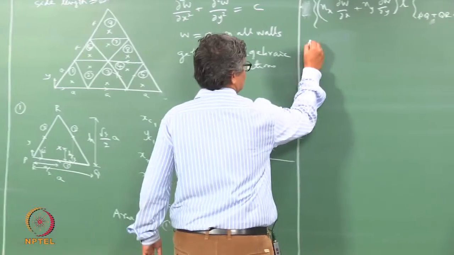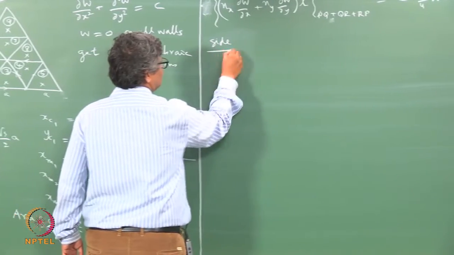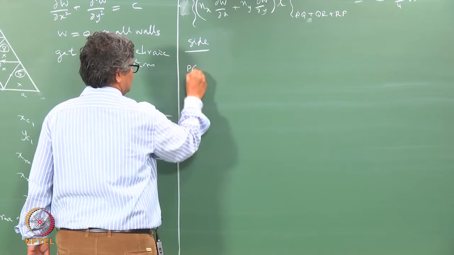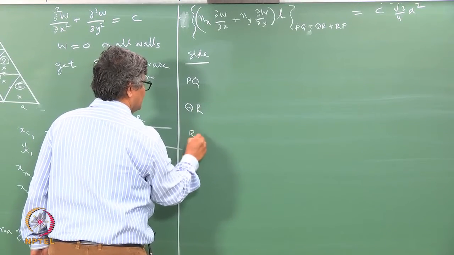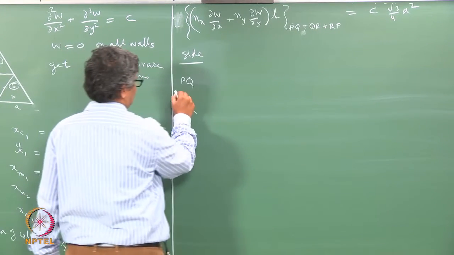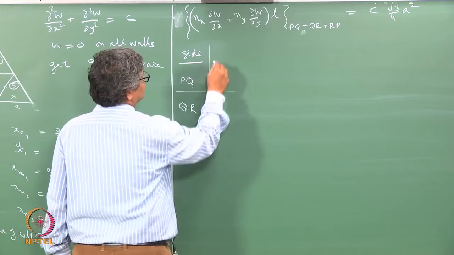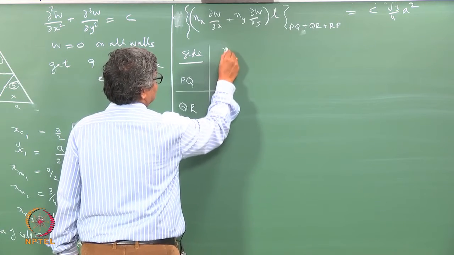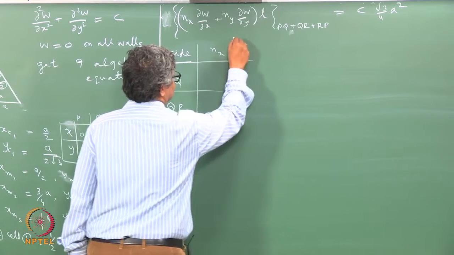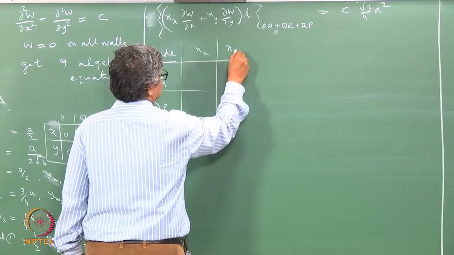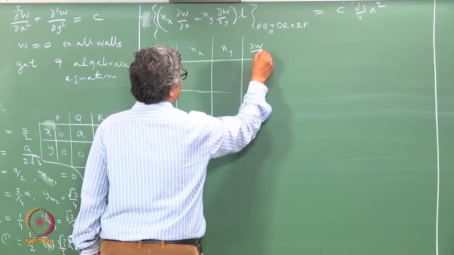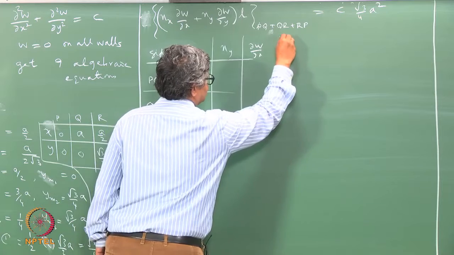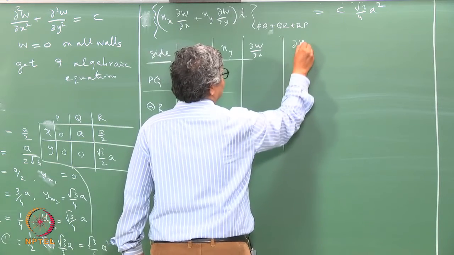In the form of a table we have sides PQ, QR and RP. For each of these we can write Nx, Ny, dou W by dou X and dou W by dou Y.